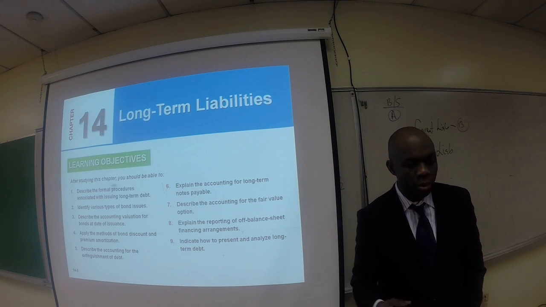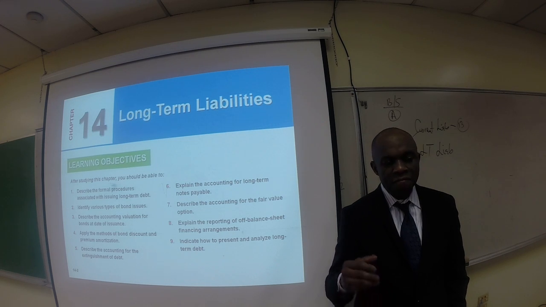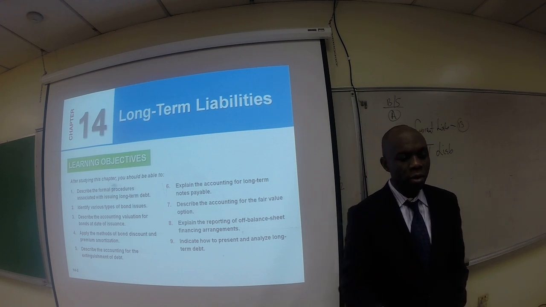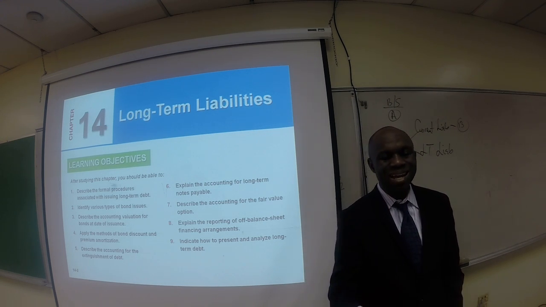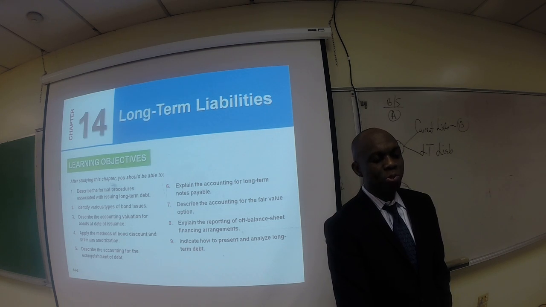We are also going to talk about the extinguishment of debt. We are going to talk about accounting for long-term notes payable, fair value option, and off-balance sheet financing arrangements. And then ultimately, we are going to talk about how to present and analyze our long-term debt. So those are the specific objectives of this chapter.